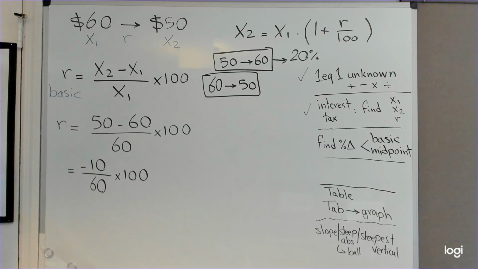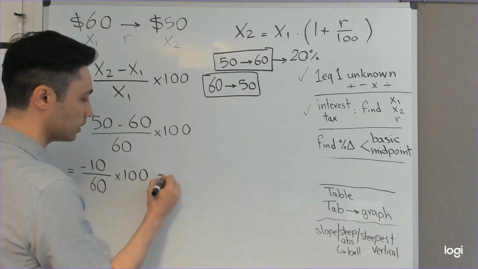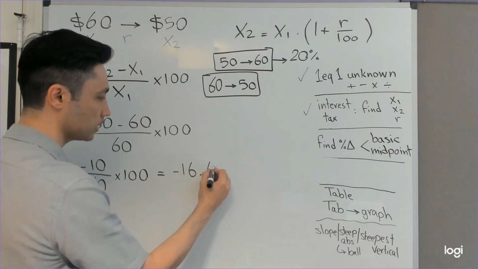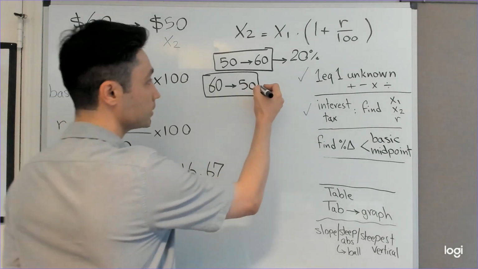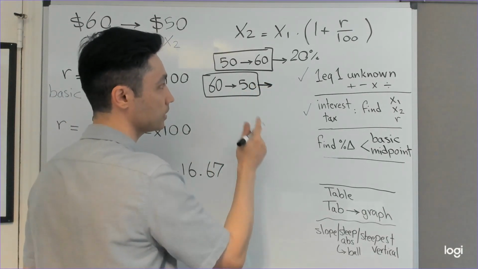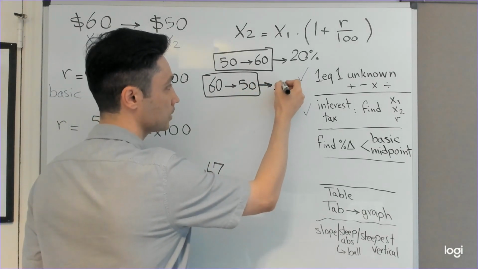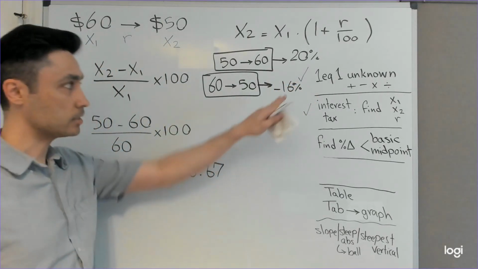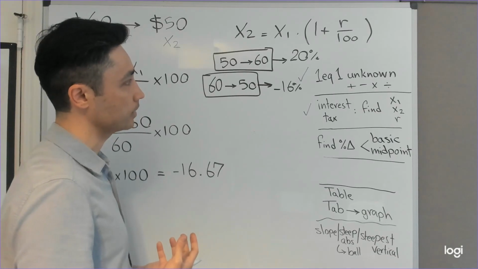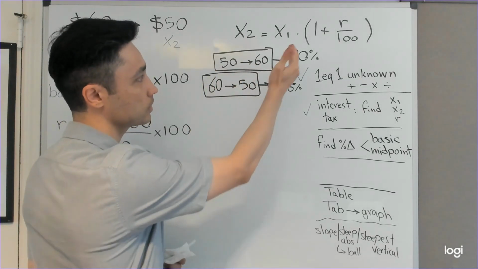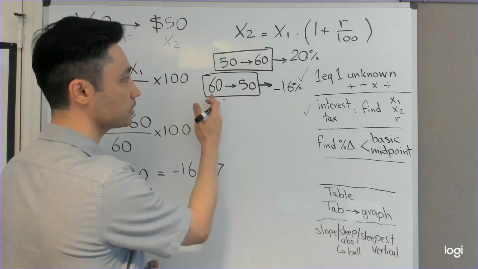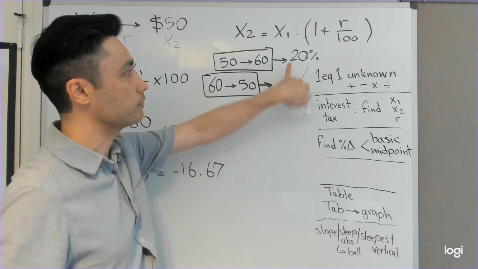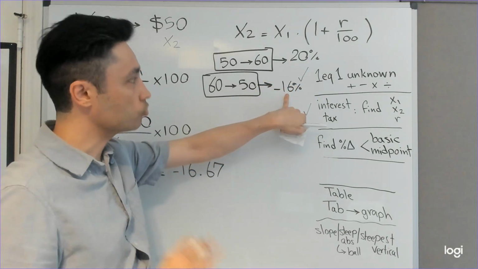And if you put it in a calculator, you'll see that the answer is something like minus 16.67. So I did not get minus 20, instead I got minus 16%. Of course, I'm ignoring the decimals here. The problem we are facing is, if you go from 50 to 60, you get one number. If you go back from 60 to 50, you get a totally different number. It is not just the negative of what you originally had. It's a totally different number.